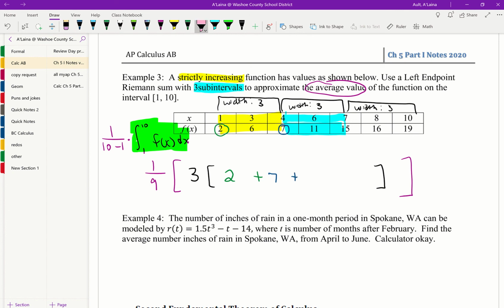And then for my last rectangle, I will use a height of 15, because that's the one on the left. So if I simplify this, I'll just do 3 times, divided by 9 is 1/3, times 9 plus 15 is 24. 24 divided by 3 is 8.